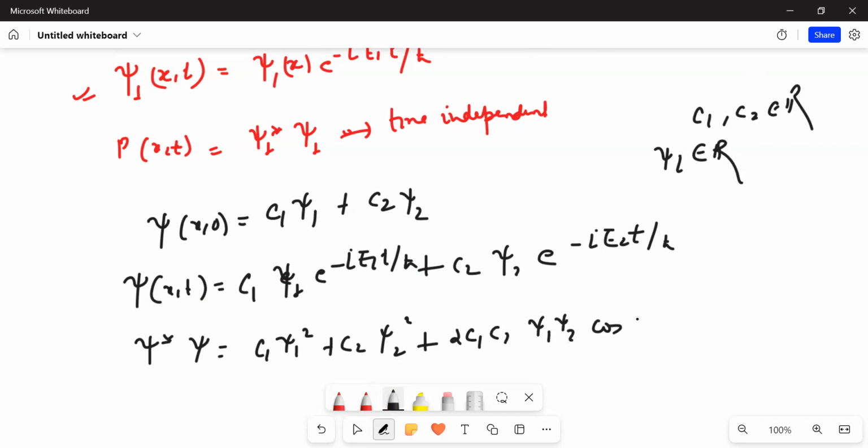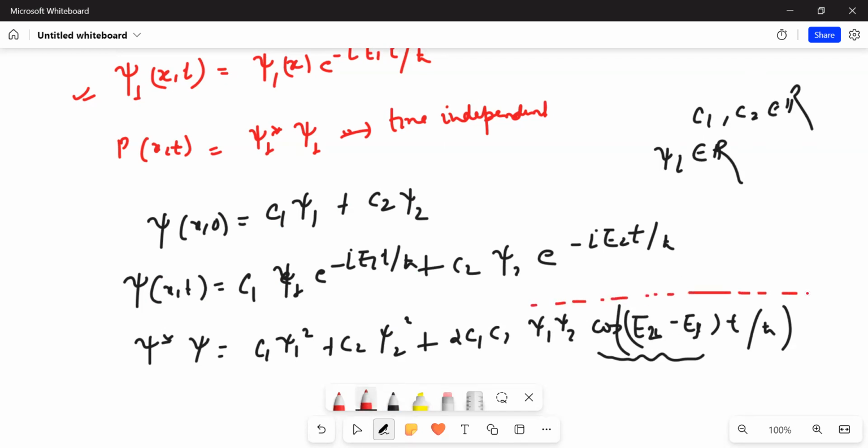You will get some time dependent factor embedded in the cosine function. So basically, this time dependence does not drop out. So indeed it is not a stationary state. A linear combination may not be a stationary state, because here you have time dependence.